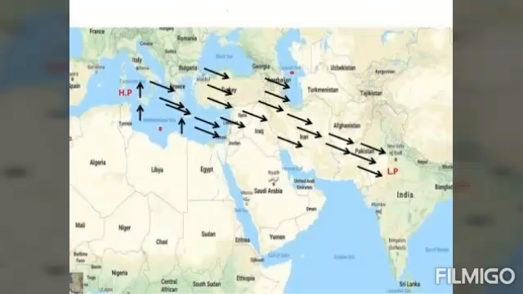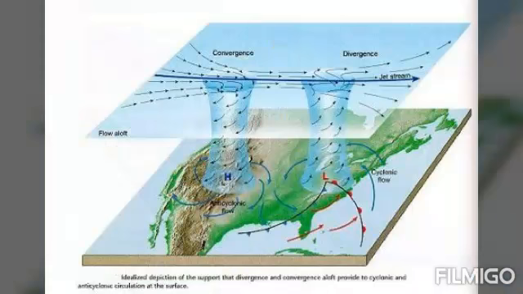The weather conditions during winter are generally influenced by the distribution pattern of pressure in central and West Asia. In the winter season, due to shifting of pressure belts, the westerlies blow from 20° north to 50° north.